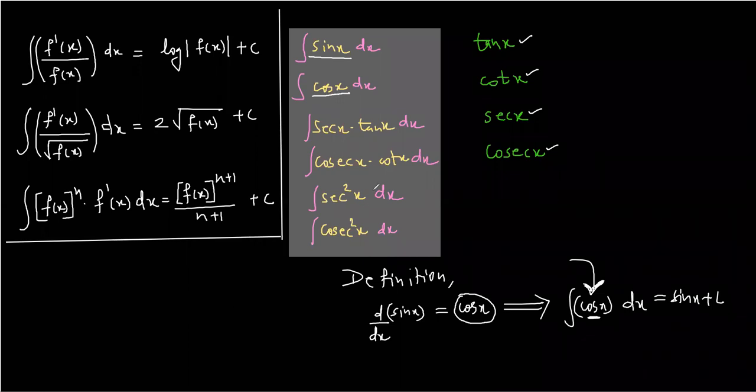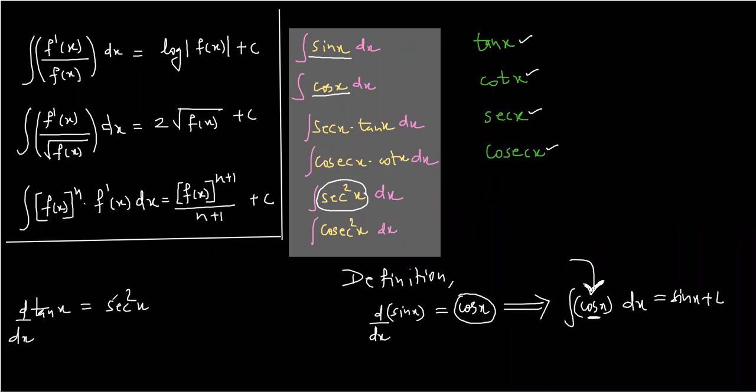Same way, I could write integration of sec square x because I know that sec square x is derivative of tan x. D by dx of tan x is sec square x.